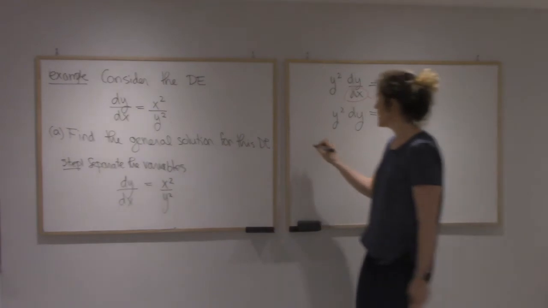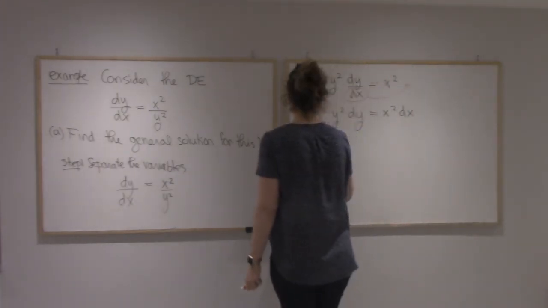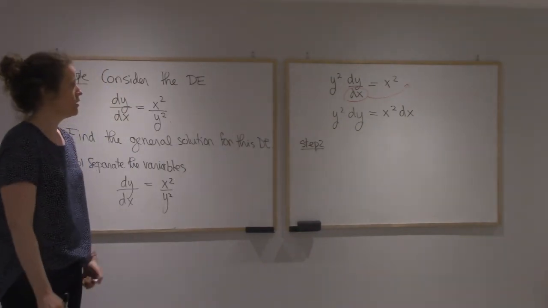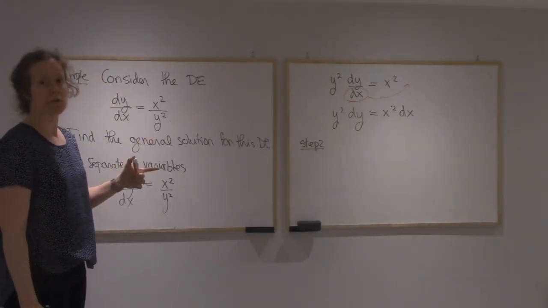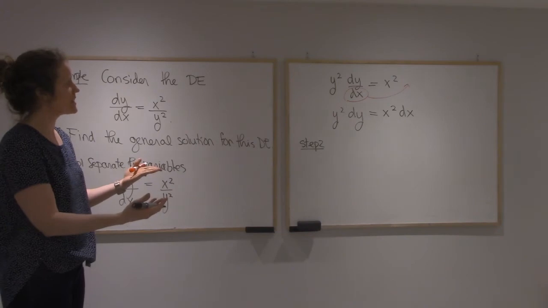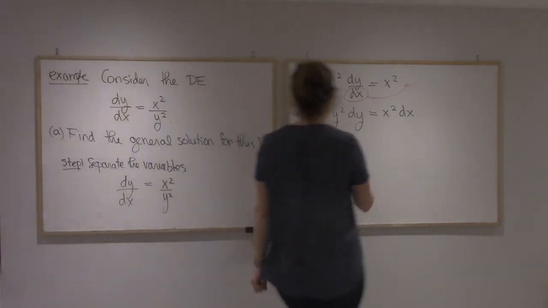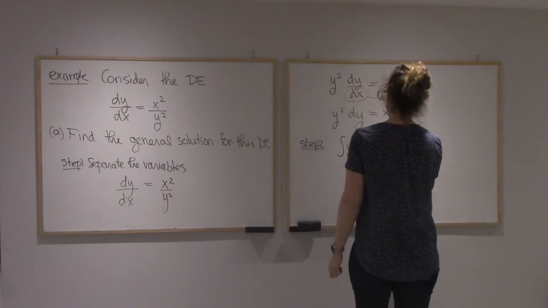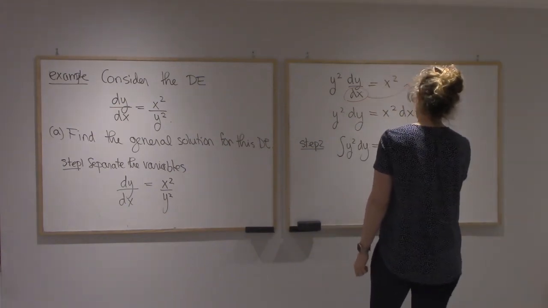And now in the second step, I'm going to integrate both sides, and if I integrate things that are equal, I should get things that are equal. So y squared dy should be equal to x squared dx.